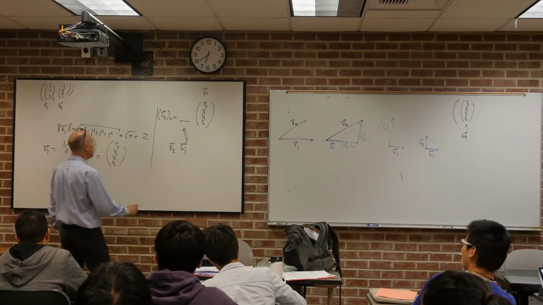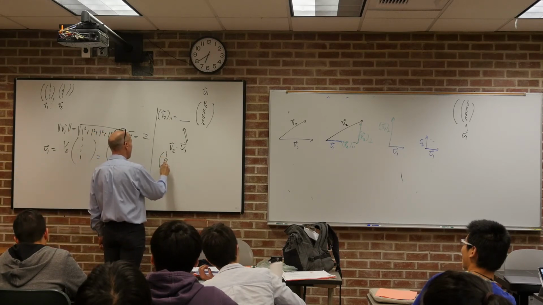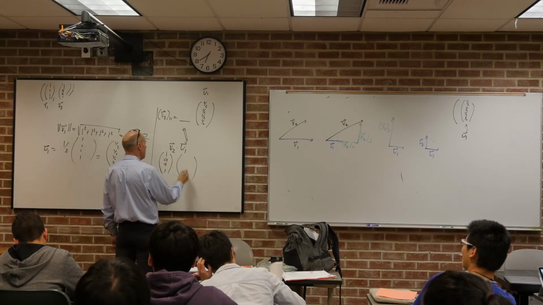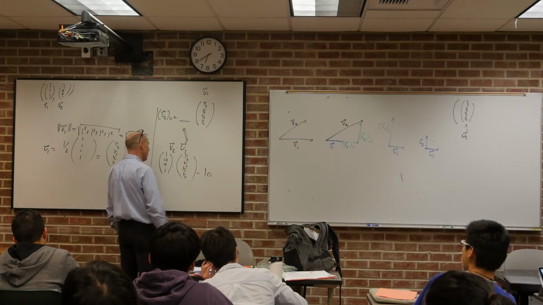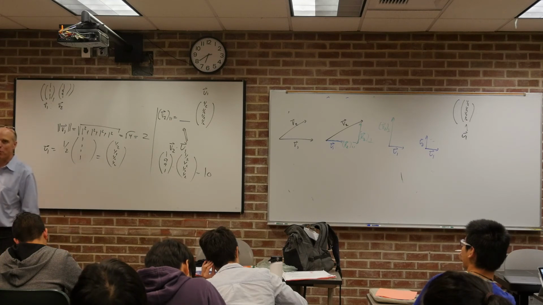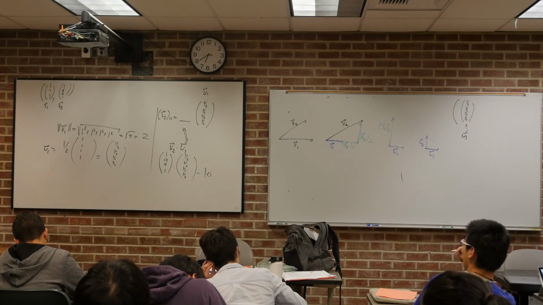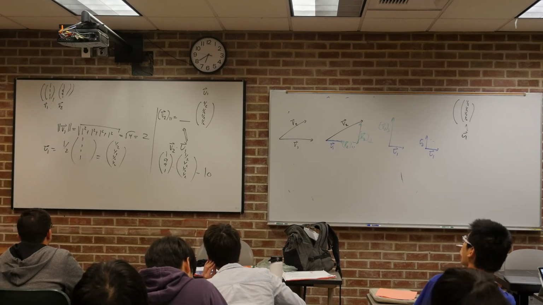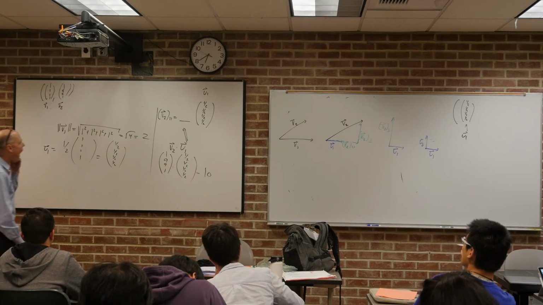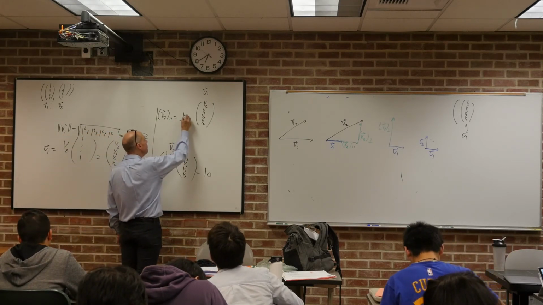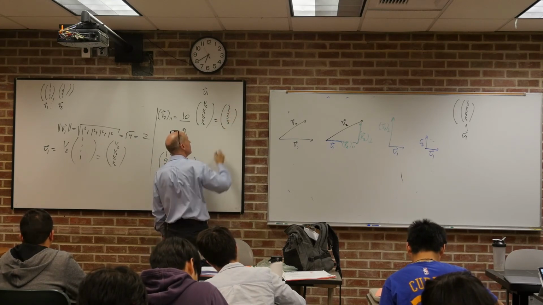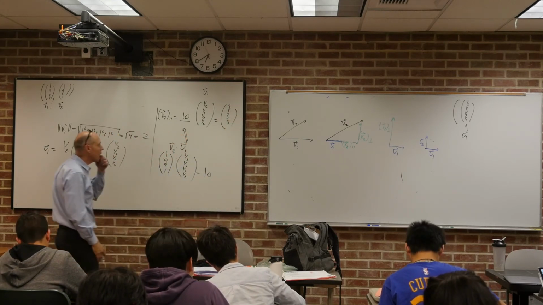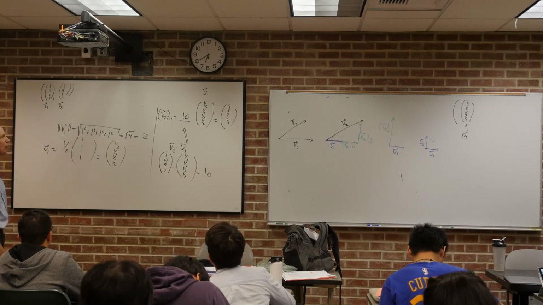So my V2 is 1, 9, 9, 1. Perfect. Where did I have myself? 10. Everybody agree with 10? So I get that the V2 parallel is 5, 5, 5, 5.